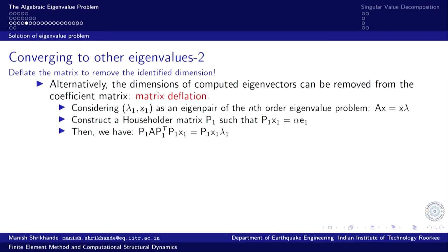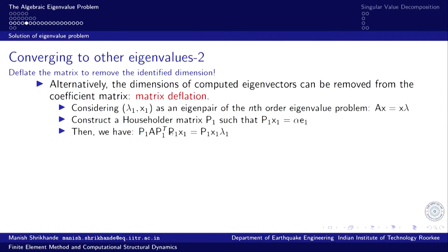This reflection matrix P 1 maps x 1 onto the first Euclidean unit vector. Using a similarity transform, we can have P 1 A P 1 transpose and P 1 x 1, because Householder transformation matrices are orthogonal matrices. So P transpose P is the identity matrix, and this really does not make any difference.